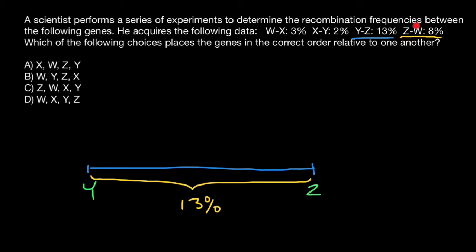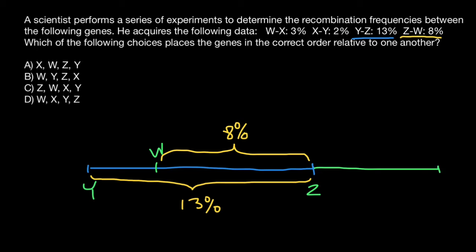That means we can put W here with 8% recombination frequency between Z and W, or we can also put gene W here, with also the same 8% recombination frequency. So we now have two hypotheses: whether gene W is going to be here or here.